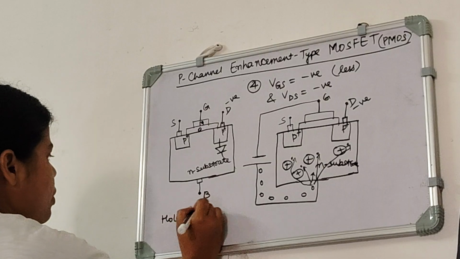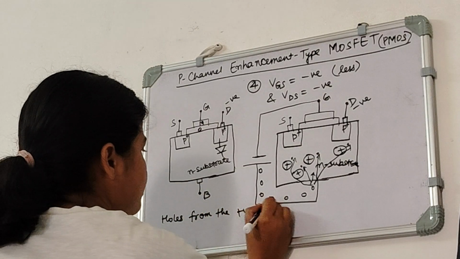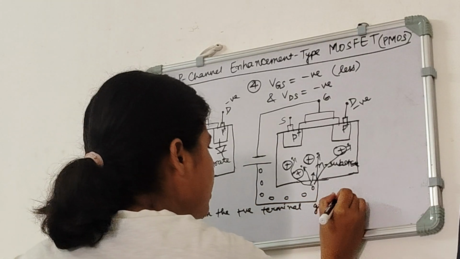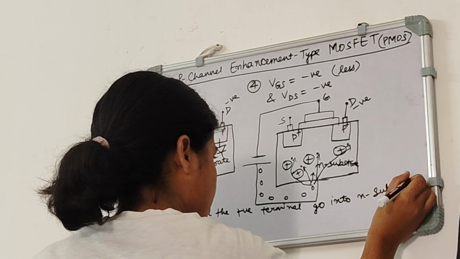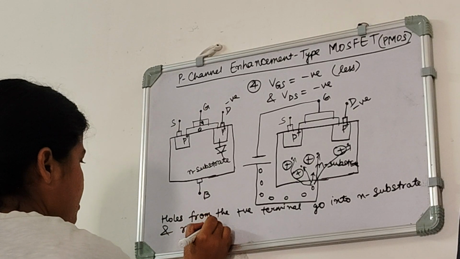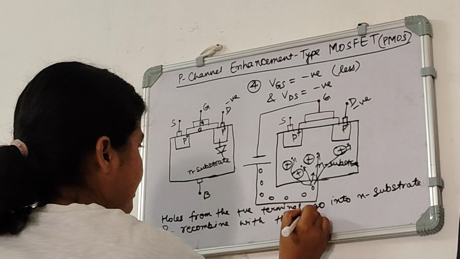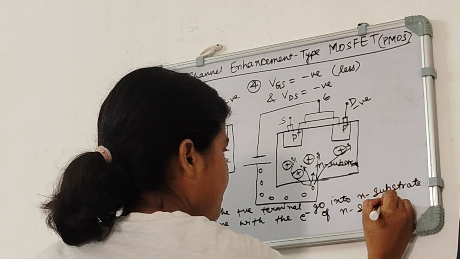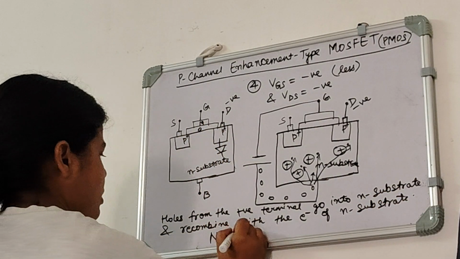Holes from the positive terminal go into the N substrate and recombine with the electrons of the N substrate, and no channel is formed.